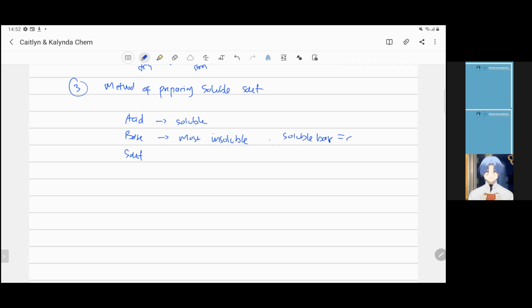Soluble base is what they call alkali. Now, what are alkalis? In general, alkali is group 1, group 2, and ammonia. So this is the alkali.